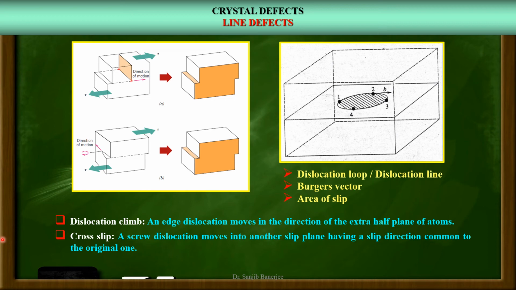In dislocation climb, an edge dislocation moves in the direction of the extra half plane of atoms, and in case of cross slip, a screw dislocation moves into another slip plane having a slip direction common to the original one. So these are the few important facts related to edge and screw dislocations.